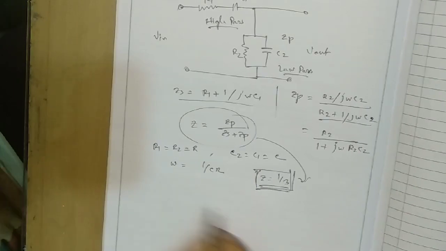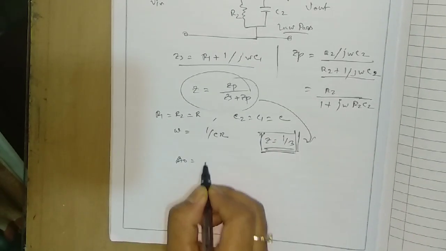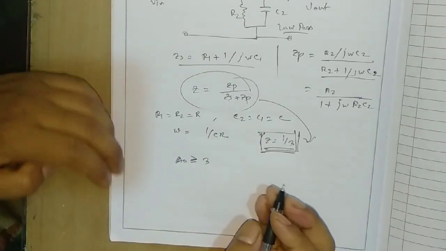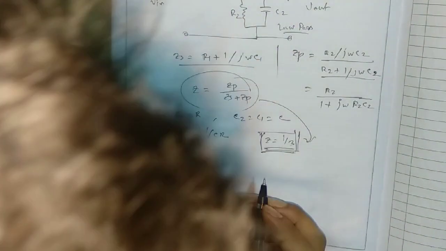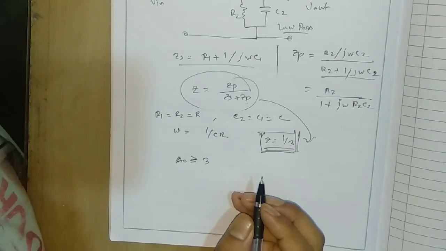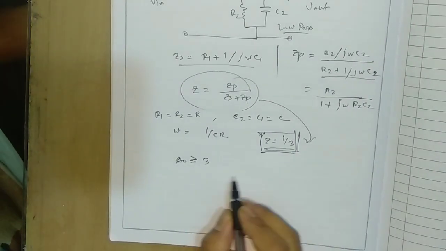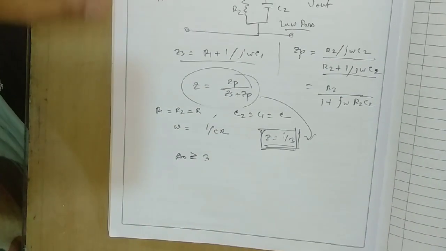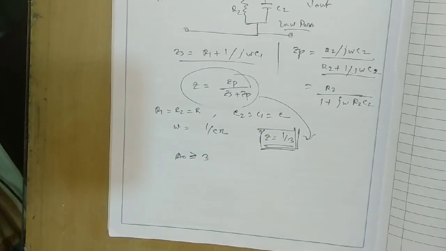So if we have an amplifier of gain greater than or equal to 3, then we can achieve an oscillator. So let's have a look how we can achieve this.